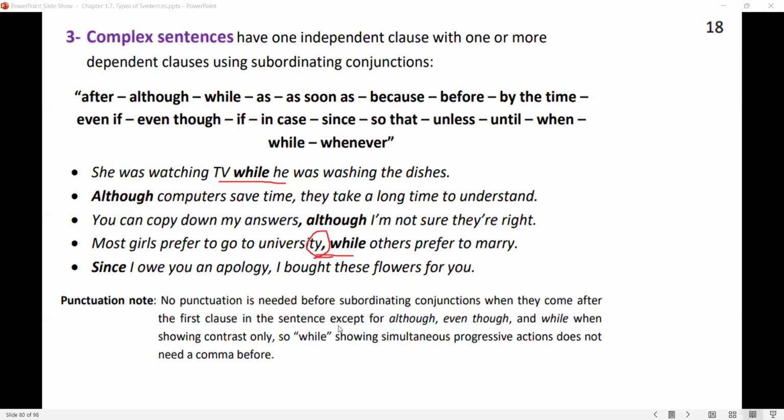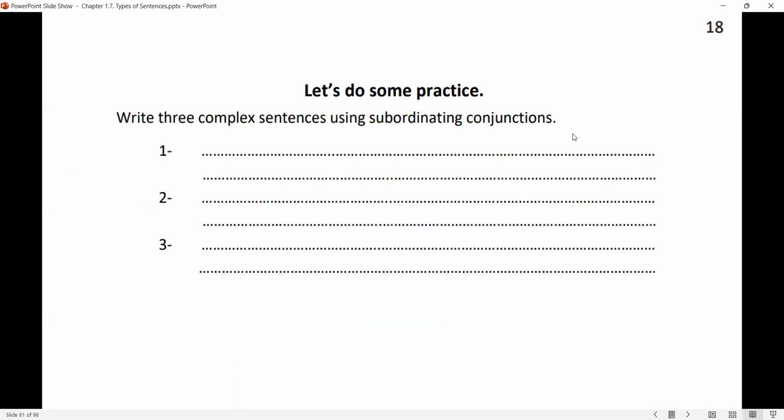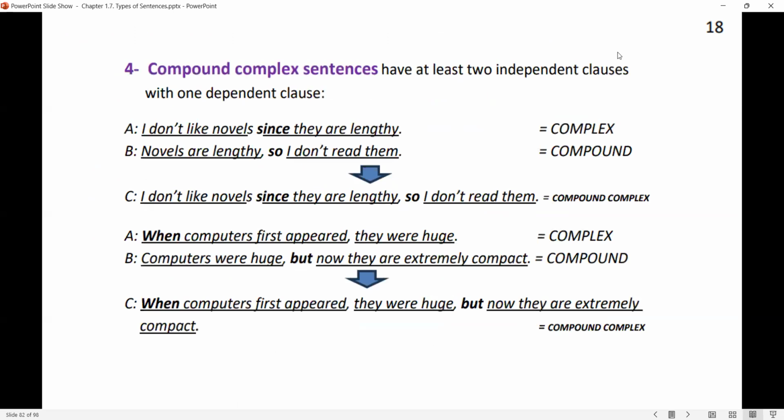Okay. Now on page 18, you have some space to make your own complex sentences using subordinating conjunctions. Please do so. I will check your sentences the next session. Page 18 again, compound complex sentences. These types of sentences have at least 2 independent clauses with 1 dependent clause. Let's check.